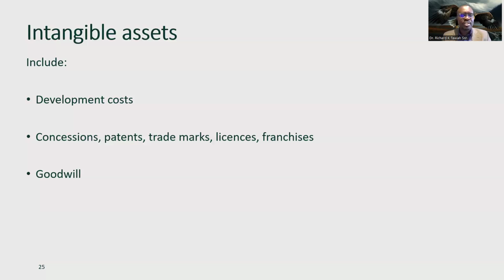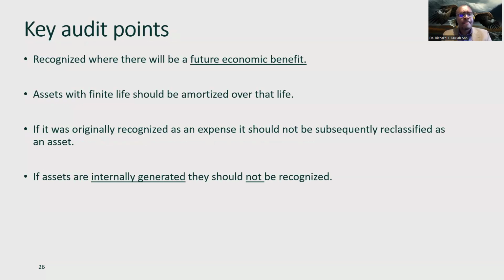Gone were the days we see research and development. If it does not result in the production of something, the development of an asset, we don't capitalize it. Key audit points: will this result in a future economic benefit? Does it have a finite life? Amortize it over that finite life.